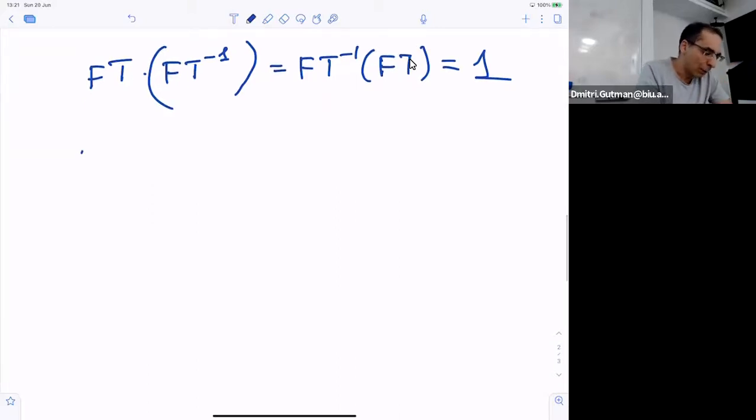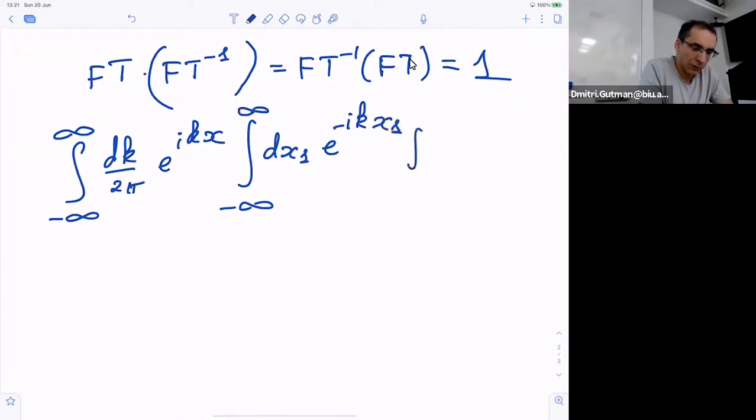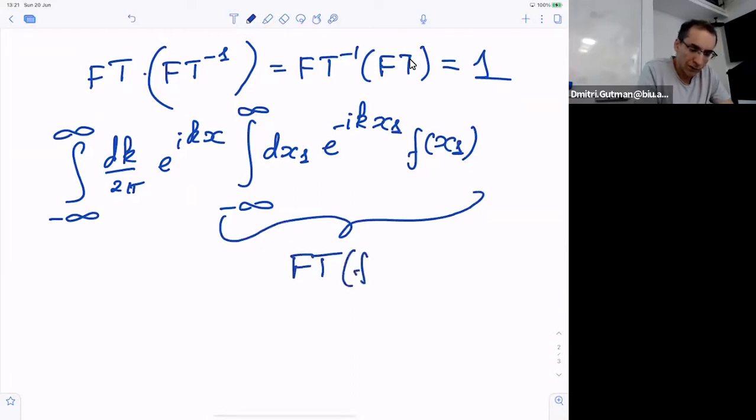So how do we see it? Okay, so let's apply both transforms. I apply first Fourier transform to a function f of x. So this is the Fourier transform of a function f. And then I apply inverse Fourier transform. If this works correctly, it should give me f of x.